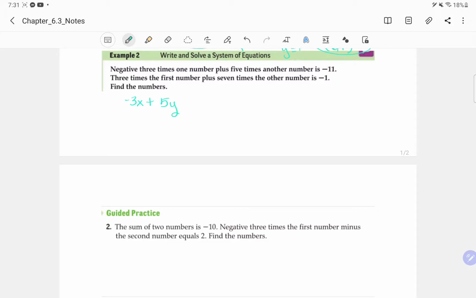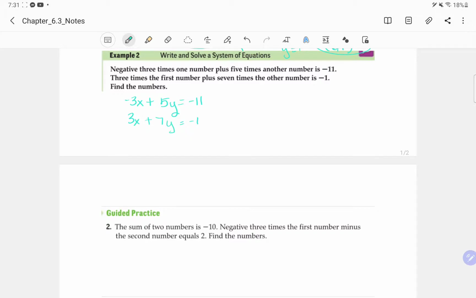So I'm going to use a different variable, y, and that's equal to negative 11. Okay? There's my first sentence. For 3 times the first number plus 7 times the other number, that would be 3x plus 7y is equal to negative 1.